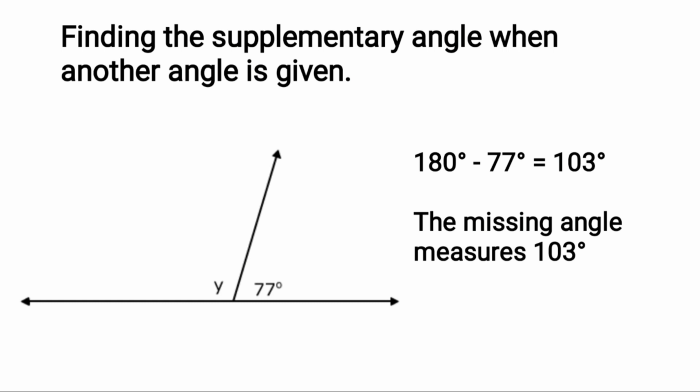As we know, supplementary angles sum to 180 degrees. So if one angle is 77 degrees and the other angle we need to find is y, we have to subtract 77 degrees from 180 degrees, so we get the other angle, that is 103 degrees.